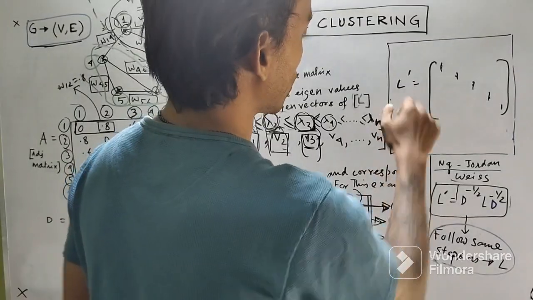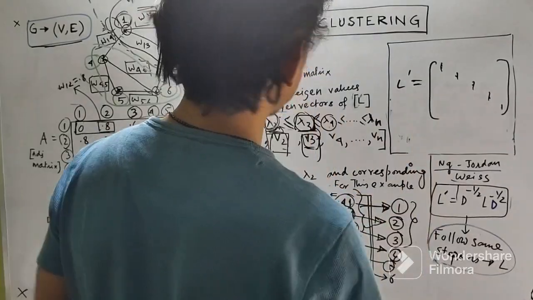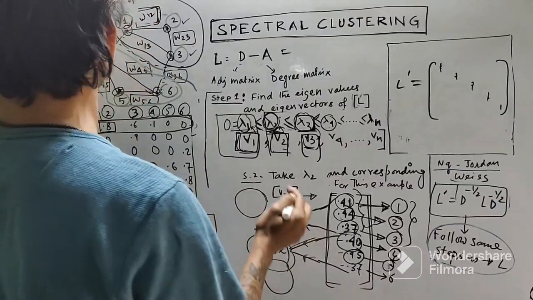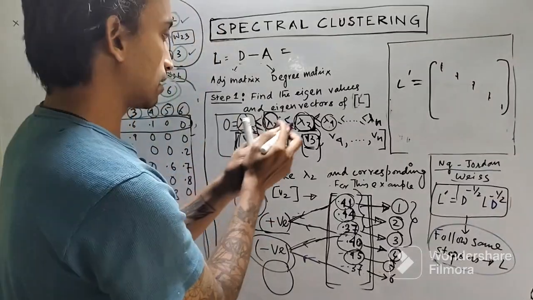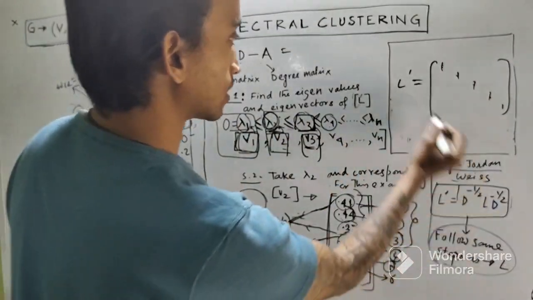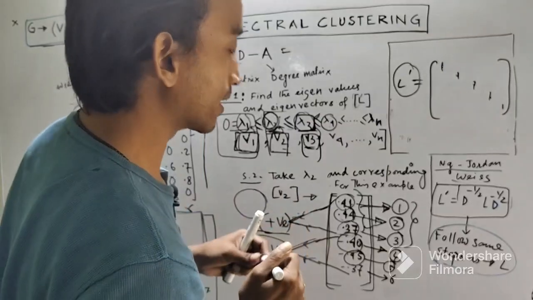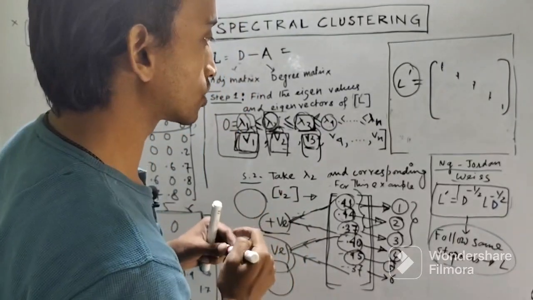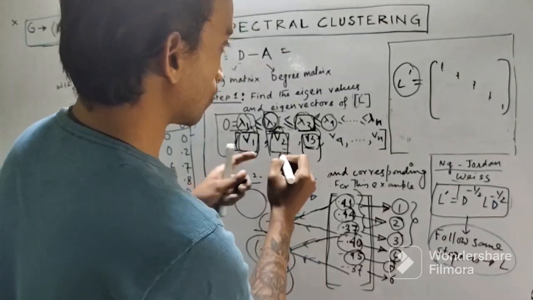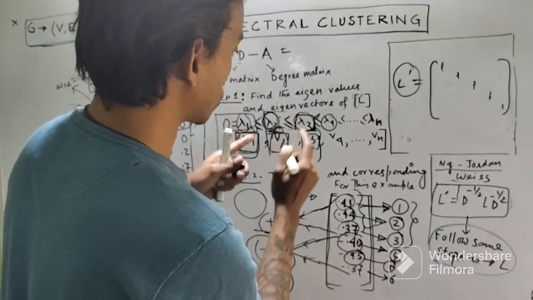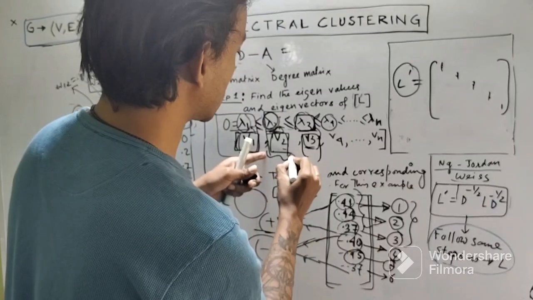And again, you have to follow the same steps to make the clusters. So you have to find lambda 1, lambda 2, lambda 3, lambda 4 for this particular matrix, depending on how many clusters you want. If you want 2 clusters, then you consider only this.